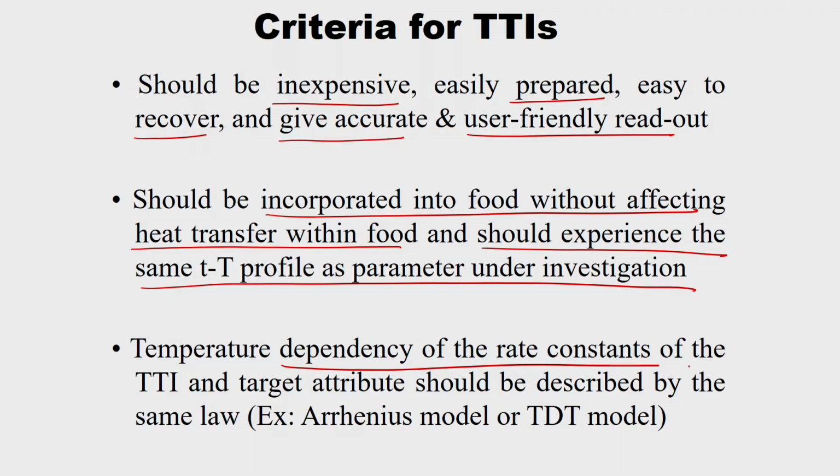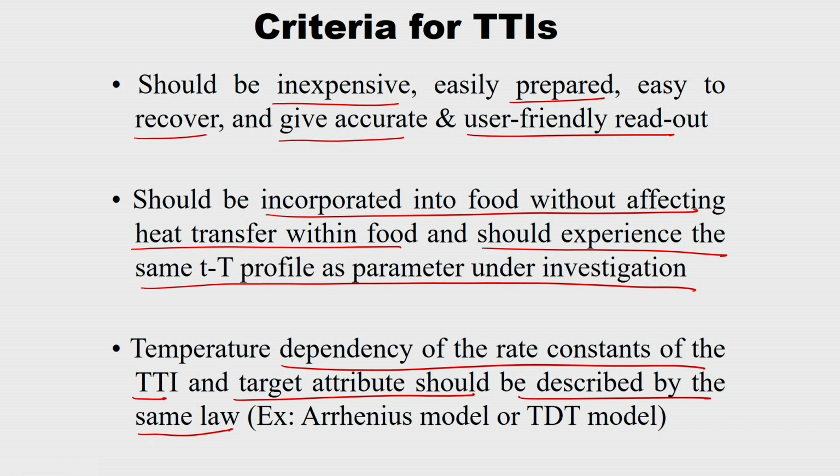So, in such cases it should be of the same food quality, and also it should experience the same TT profile, then only the investigation of time temperature combinations would be correct. And the dependency of the rate constants of the TTI and target attribute should be described by the same law. So, this we have just seen, right.